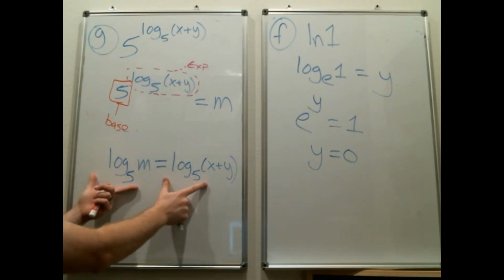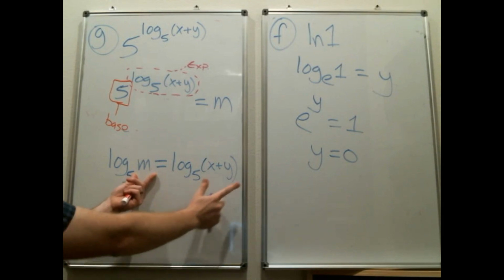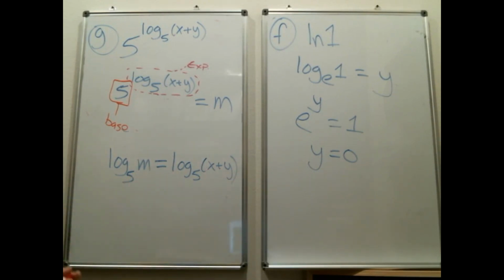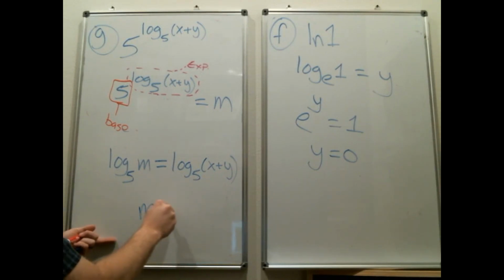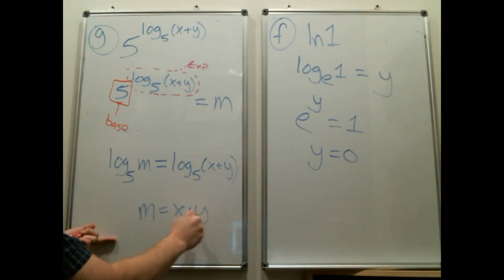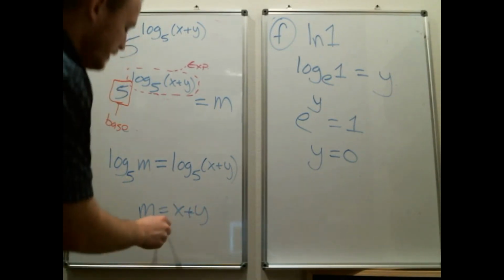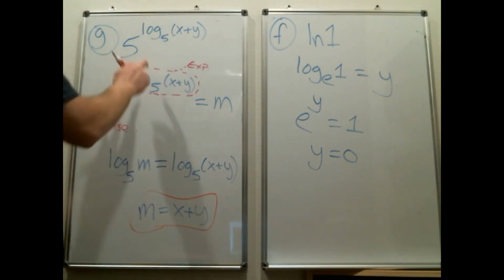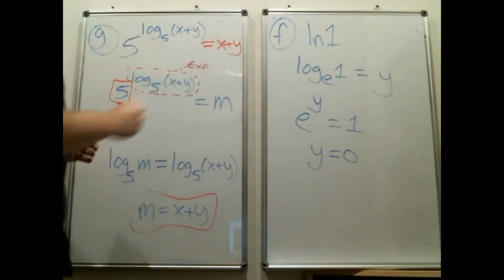So this log base 5 is the same on both sides of the equal sign. What's different? This m and x plus y. So what that's telling you is that m has to equal x plus y. And that is your answer. This is your answer. It's telling you that this thing is equal to x plus y.